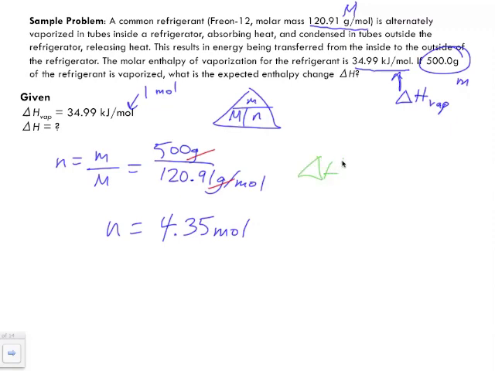We're trying to find the enthalpy change, but we're using n, the number of moles, multiplied by the enthalpy of vaporization. So our n moles is 4.35 moles. We're multiplying it by the molar enthalpy of vaporization.